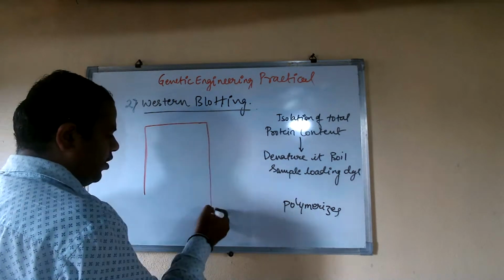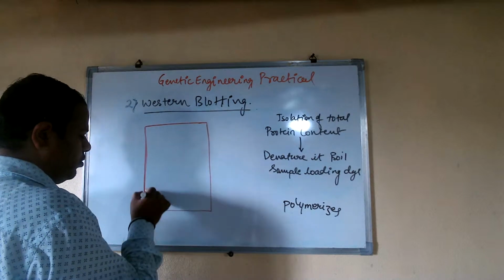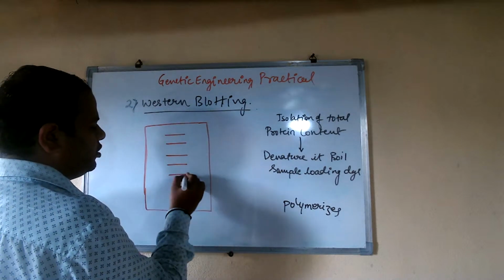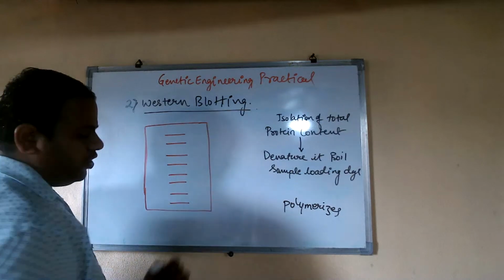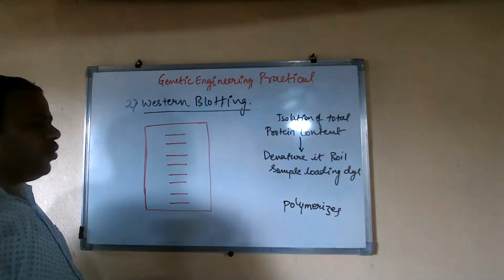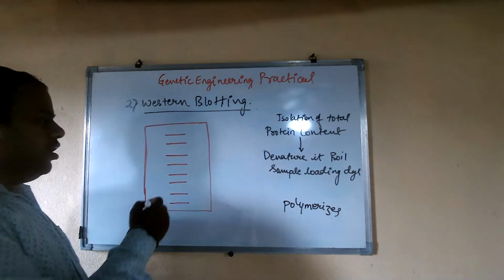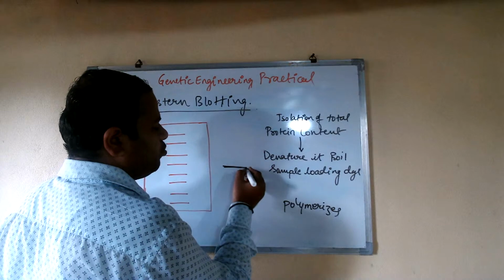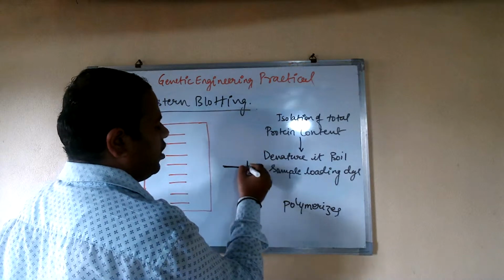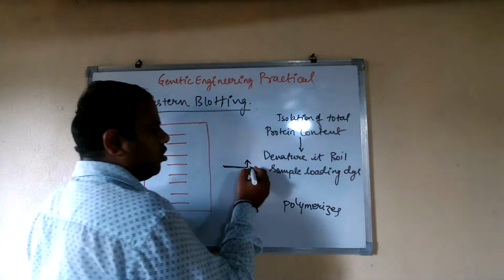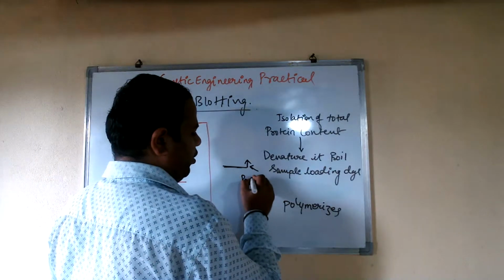For example, suppose this is the nylon membrane, which is having different protein bands present onto it, and you have to detect a particular band here. So a probe molecule is used. This probe molecule is having an antibody with it, which is called the primary antibody.